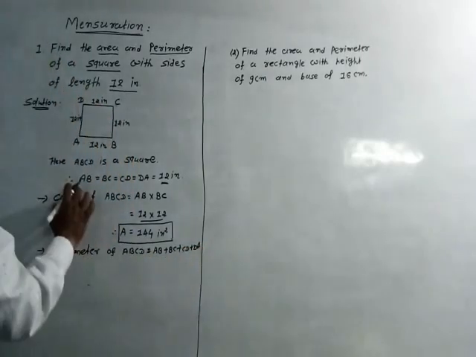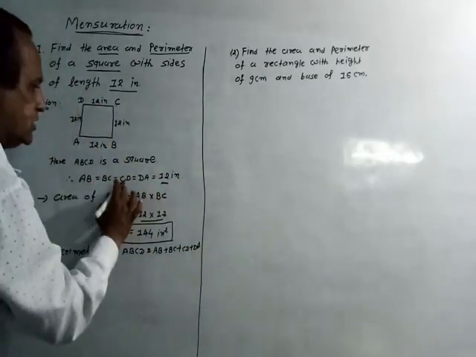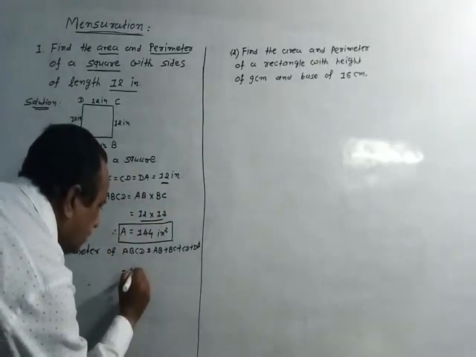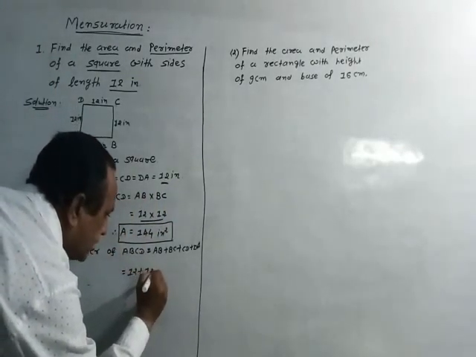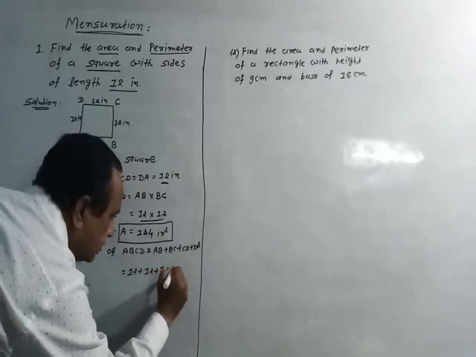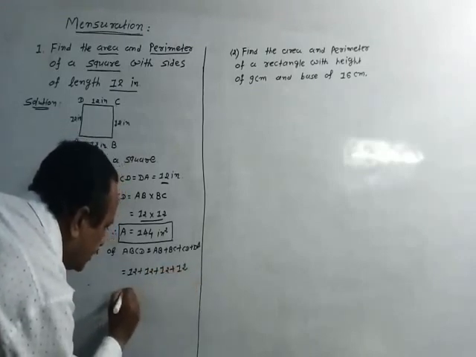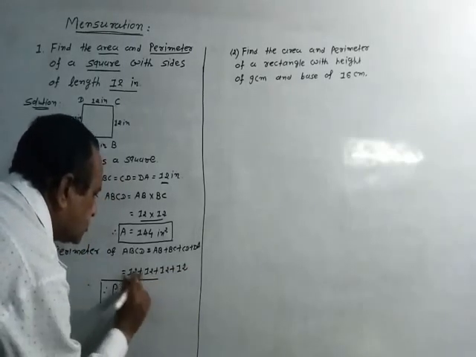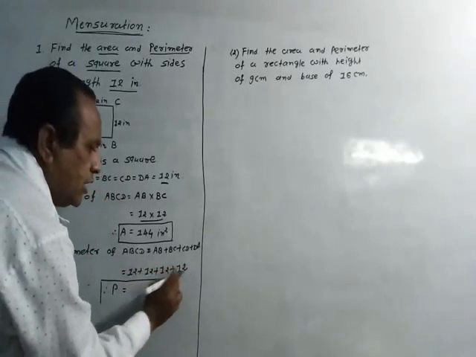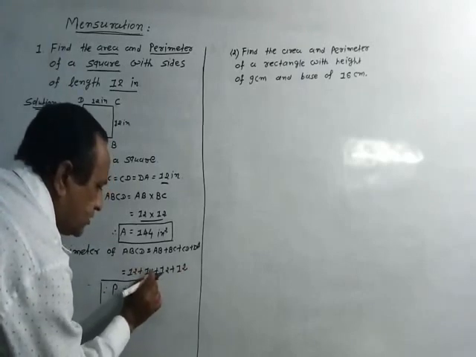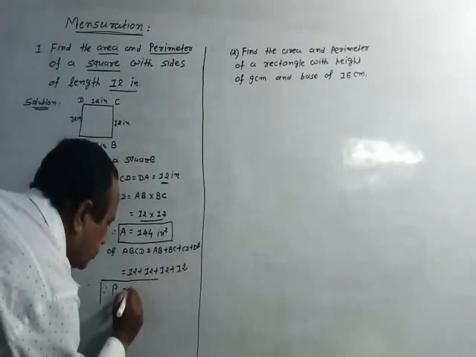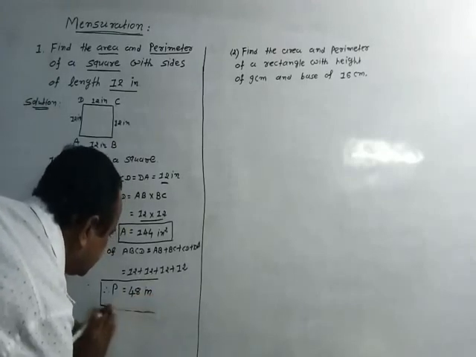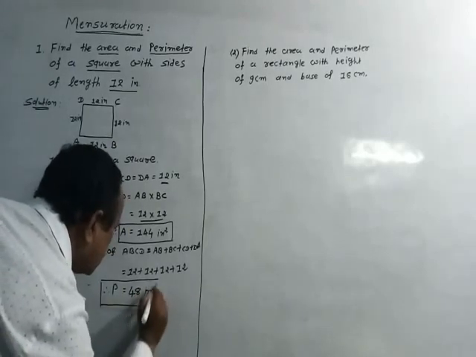Now put the values: AB 12, BC 12, CD 12, DA 12. So 12 plus 12 plus 12 plus 12. Now addition: 12 plus 12 is 24, 12 plus 12 is 24, 24 plus 24 is 48 inch. This is our answer.